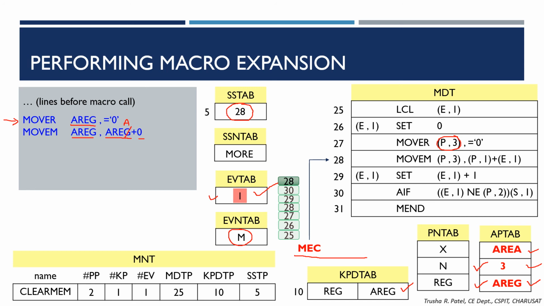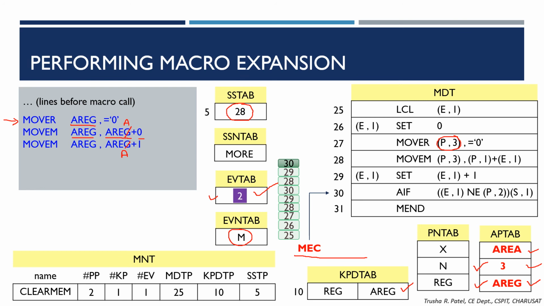Now again the code generated will be MOVEM parameter 3 comma parameter 1 plus expansion time variable 1. So it will become MOVEM AREG comma AREA plus 1, because right now the value of the expansion time variable is 1. Again it will increment the value of the expansion time variable by 1 and it will become 2.